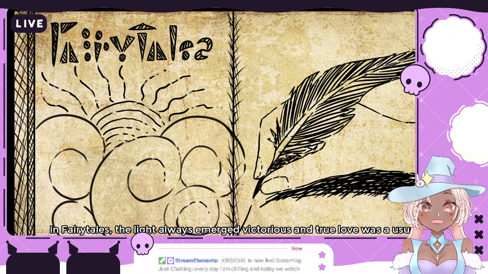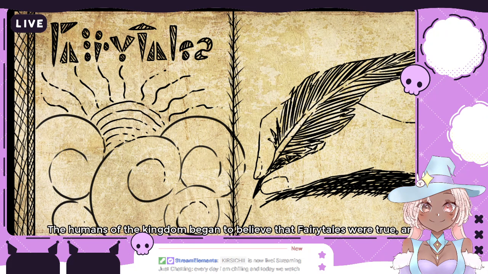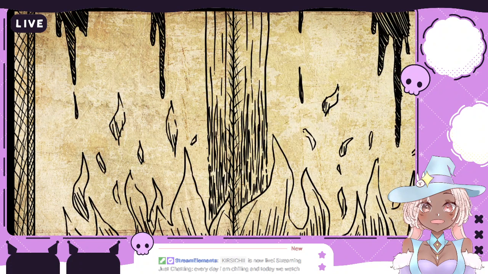In fairy tales, the light always emerged victorious, and true love was the usual reward. The fairy tale spread further than could have been predicted. The humans of the kingdom began to believe that fairy tales were true, and that the magic of the witches was inherently wicked and cruel. The witches became hated and feared. Eventually, they were hunted like animals.